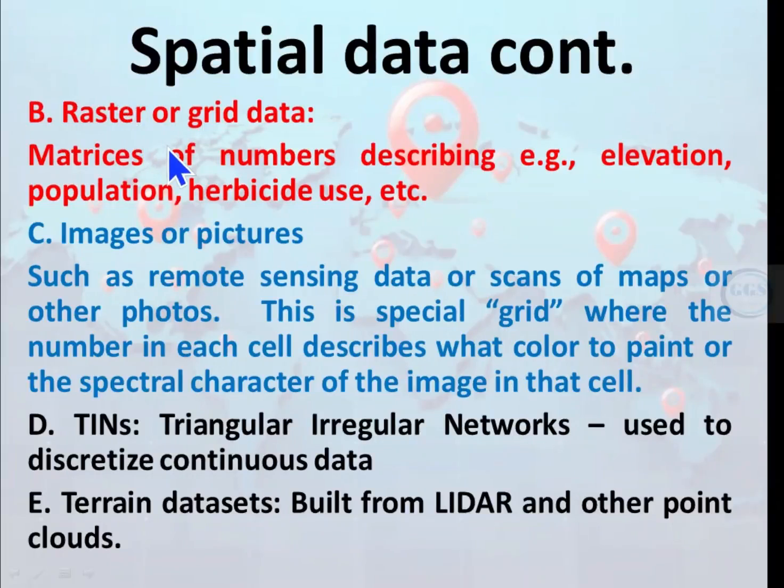So in this case, the data is represented by grid cells. It can also be in the form of images or pictures. And spatial data can also be represented by a triangular irregular network. And of course, it can also be a terrain dataset, which is built from LiDAR or other point clouds. An example of that is our digital elevation model.